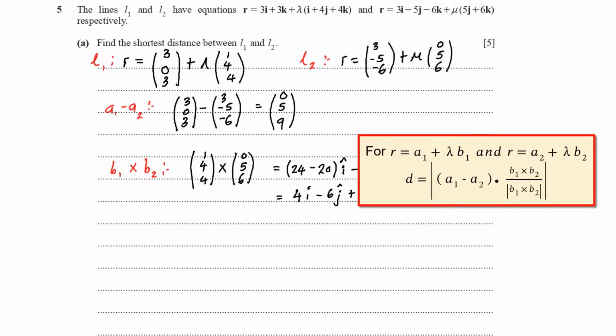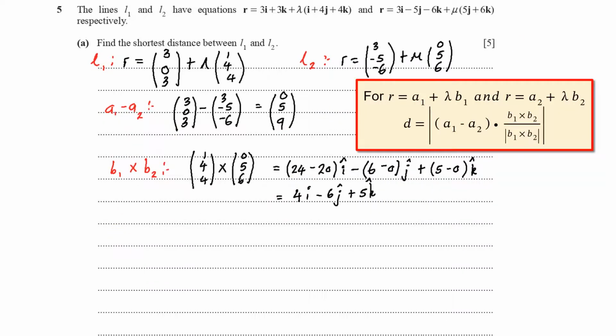Next, I'm going to look for the modulus of B1 cross B2. For this, I will simply say that's the square root of 4 squared plus (-6) squared plus 5 squared.